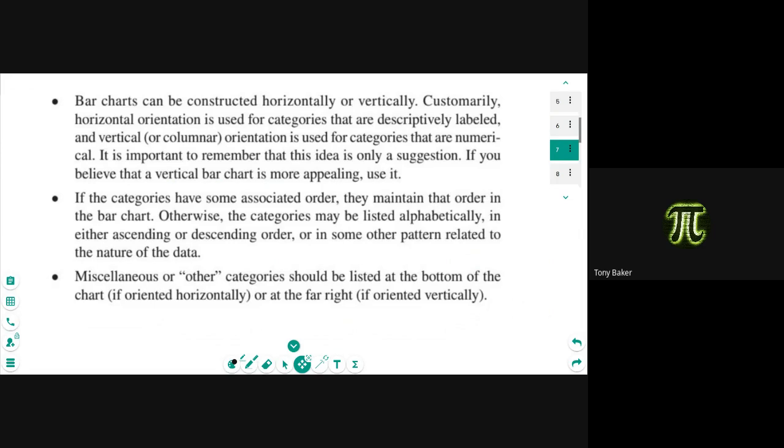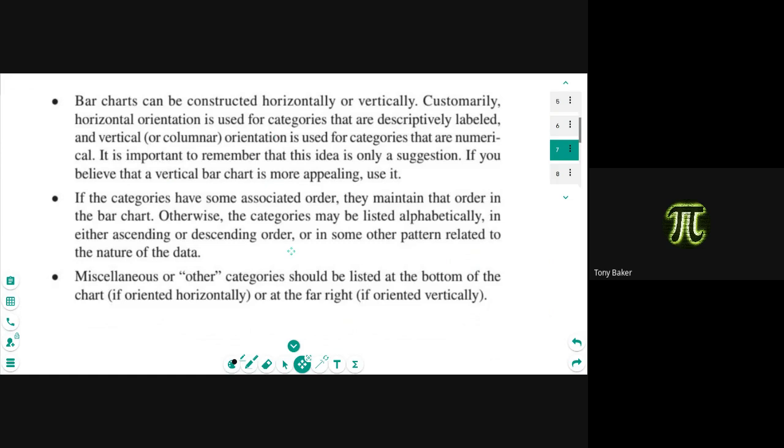When they're more descriptive, you typically will do it horizontally because you can easily put the information there. It really just depends on your preference. Vertical is more for numerical ones, but again, we saw graphs that were horizontal and vertical, both for actual numbers. That doesn't make an actual difference.